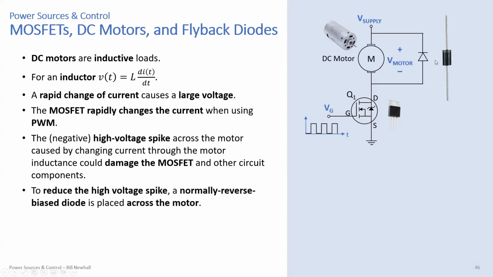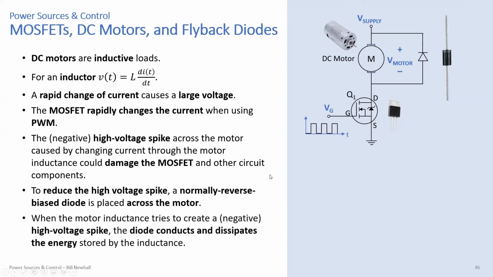So what we do is we put a normally reverse biased diode right here across the motor or across the solenoid or across the relay coil. And so when the inductance of the motor tries to create this big negative high voltage spike, you're going to have this diode conduct.